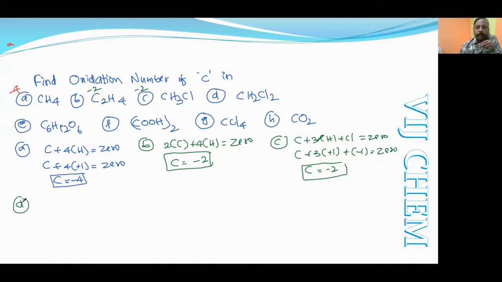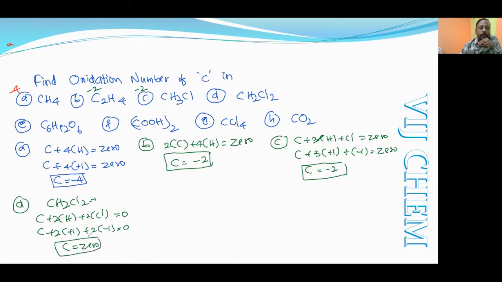If I make a mistake anywhere, let me know. Then CH2Cl2: C plus 2 into hydrogen plus 2 into chlorine is equal to 0. 2 into hydrogen will be +1, 2 into chlorine will be -1, so carbon will be 0.